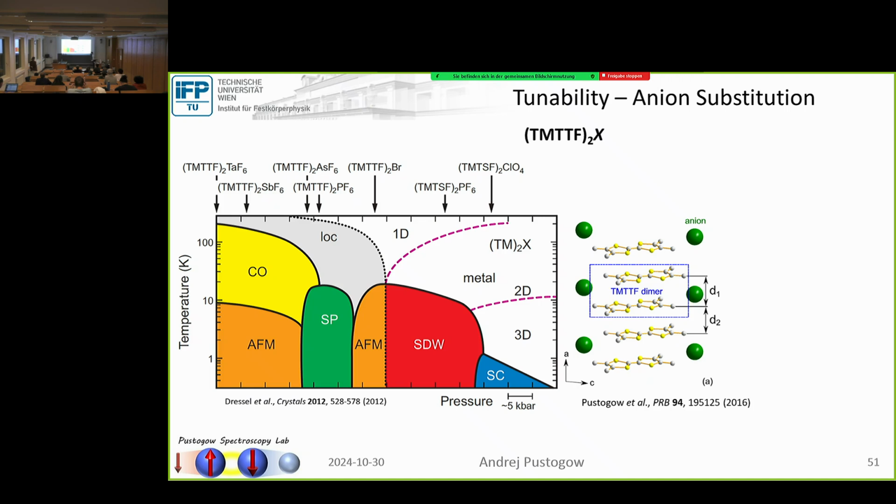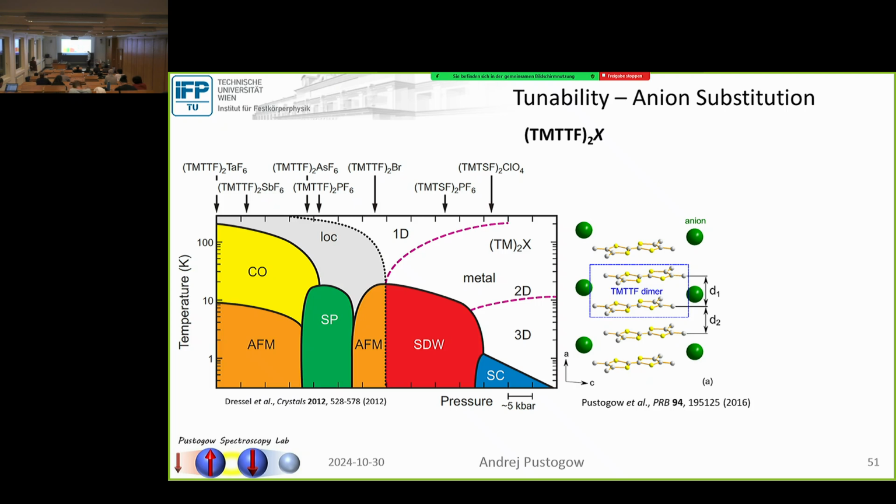So if you look at the electrical resistivity as a function of temperature, it first increases with temperature, then it shows a minimum and it goes up, and this is T log.